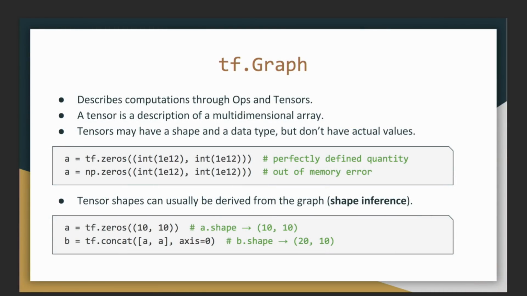So if I take, for instance, a 10 by 10 matrix of zeros, and I concatenate it with itself along the first axis, I get another tensor back. And this tensor, even without executing, I can already ask what shape it has, because TensorFlow will just infer the shape from the input tensor and the specific op.